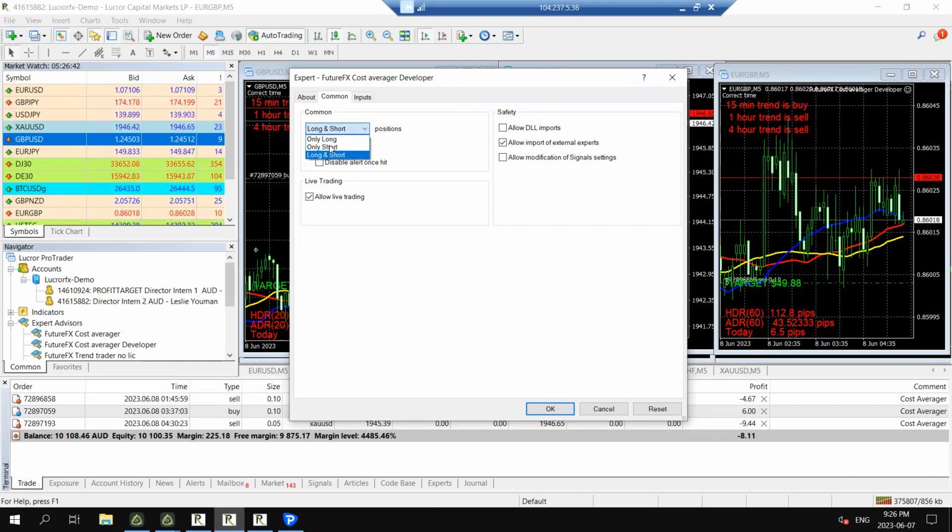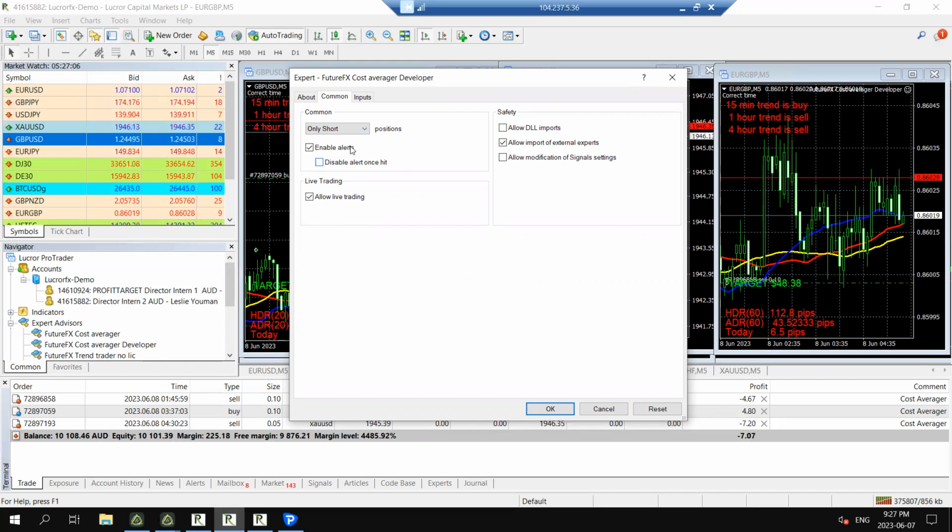You can just set it to only do shorts, only do sells. So you might do a little bit of technical analysis on a chart yourself, and let's say this was all lined up to do sells, but you had a look at a higher time frame and you can see that it's getting close to strong support.